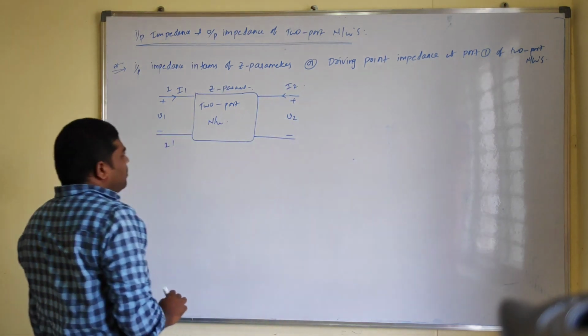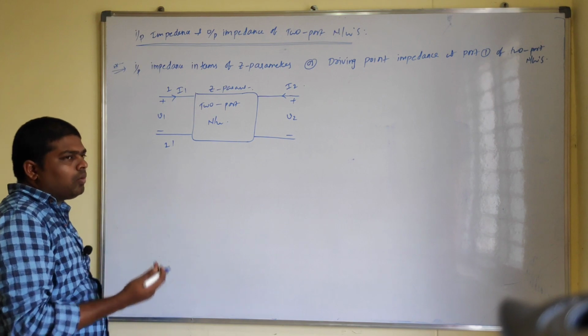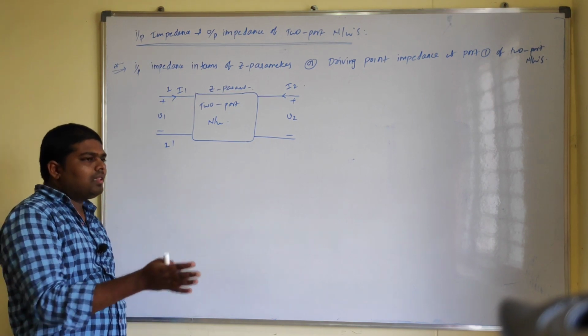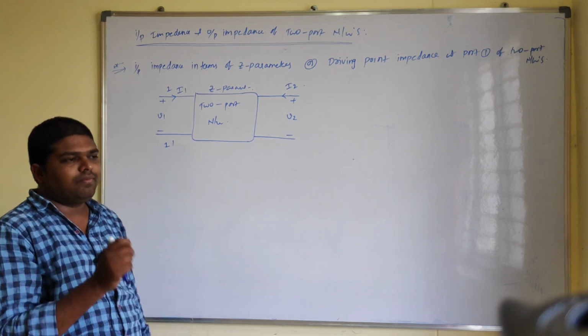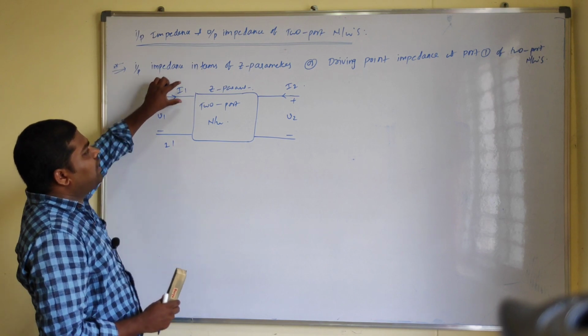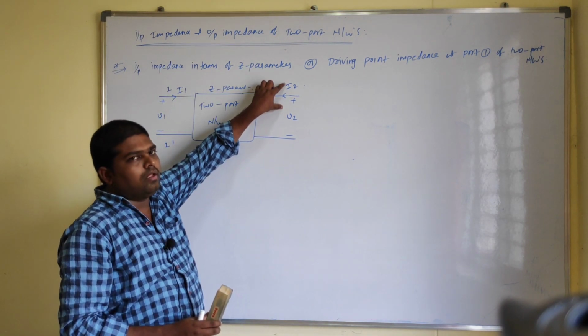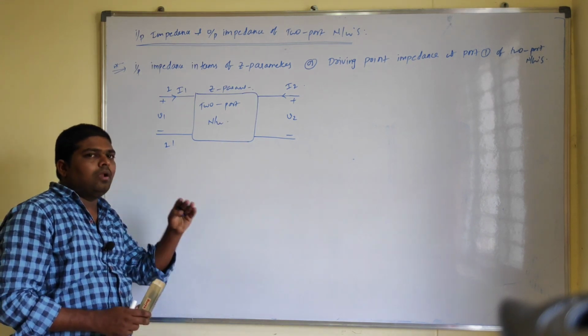Now for this two port network you need to consider a voltage source as well as a load. In all the previous topics, we just considered open circuit voltage and current. We never came across two port networks including a voltage source and load.